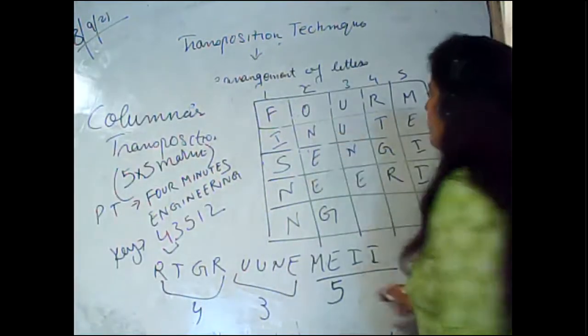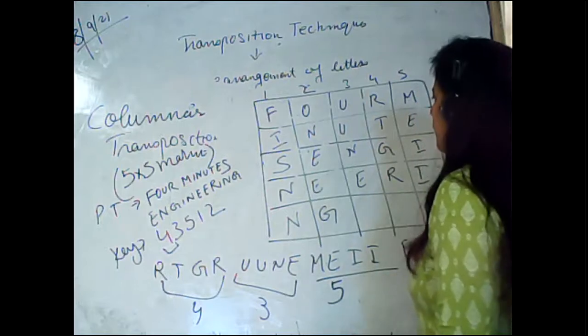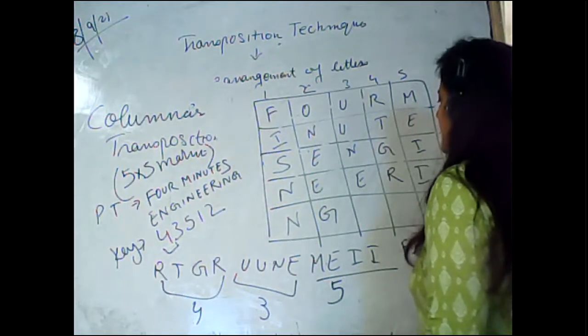Then I have the first column: F, I, S, N, N. This is the first. And the last one is 2. I am writing O N E E G. This is your second one.